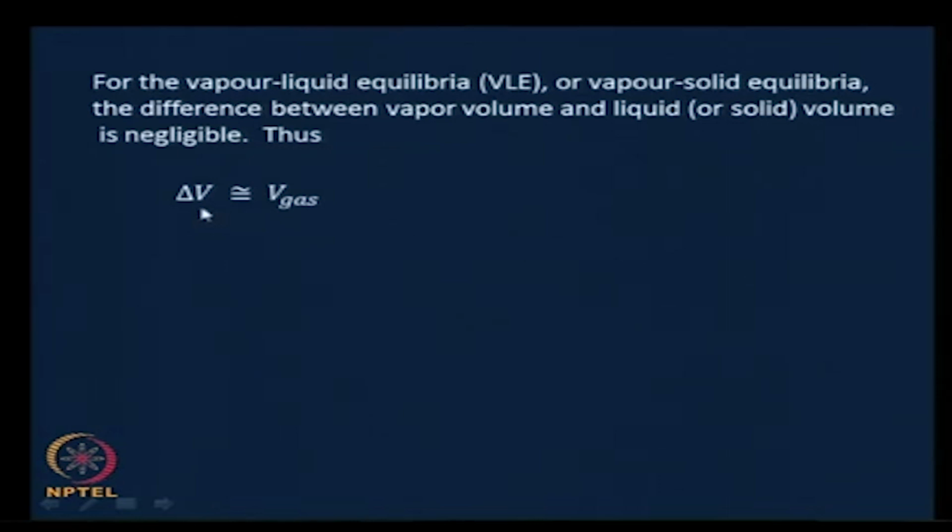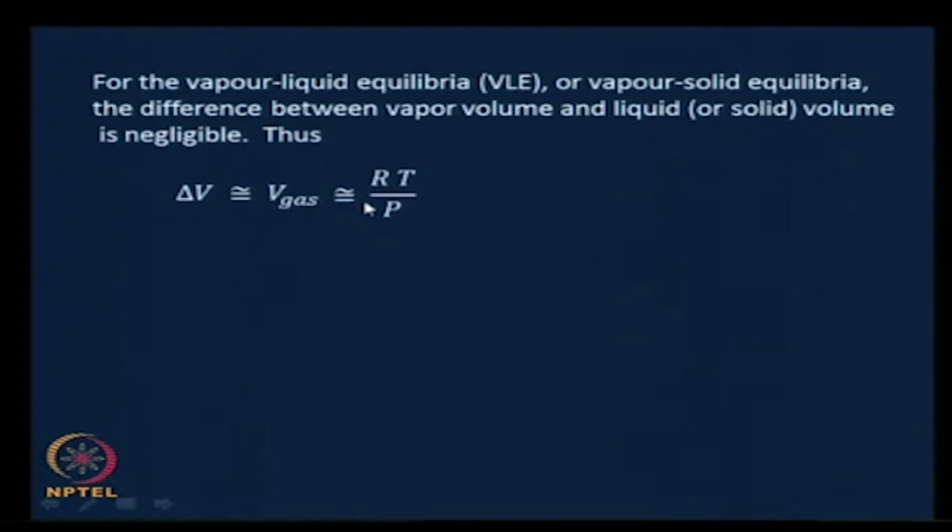this delta V, if you can recall, was nothing but in the case of vapor liquid equilibria, V vapor minus V liquid or V gas minus V liquid. We can replace the delta V by approximately the volume of the gas itself. We are essentially neglecting the volume of the liquid or the solid here, and the volume of the gas can be approximated if the gas can be considered to behave ideally.